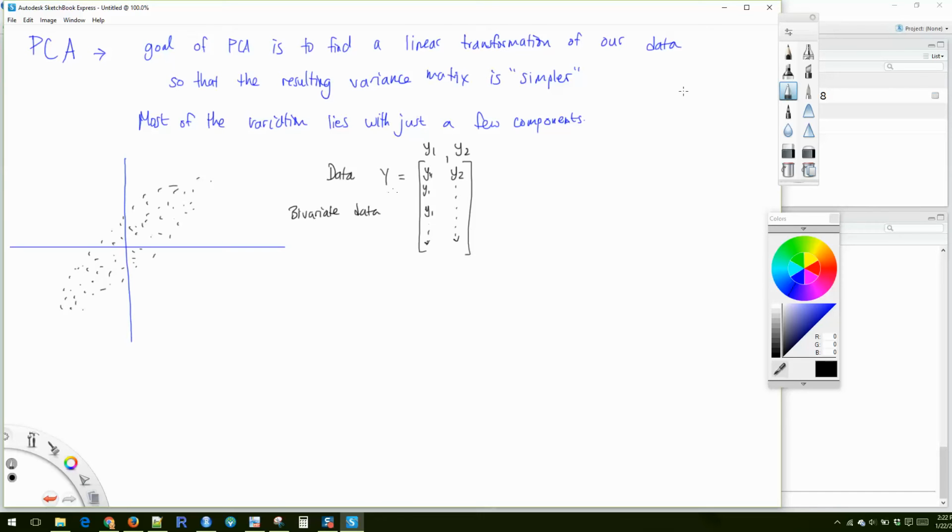Okay, and so we could calculate something like the correlation between y1 and y2. And maybe this is 0.8 or something. Who knows? Or we could look at the variance matrix.